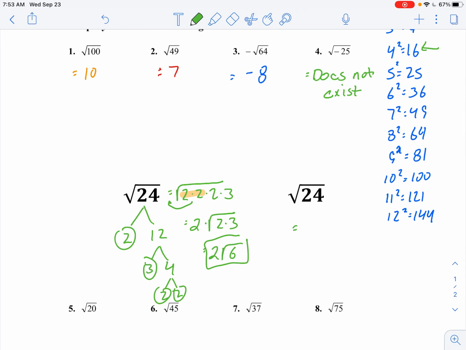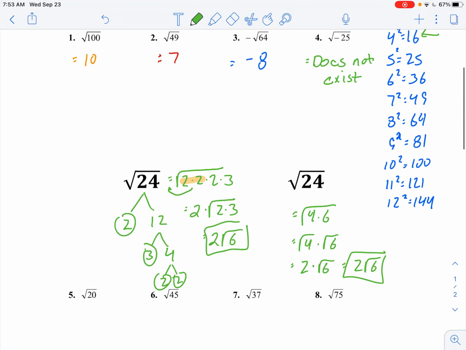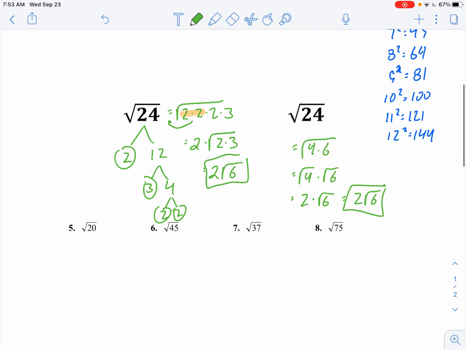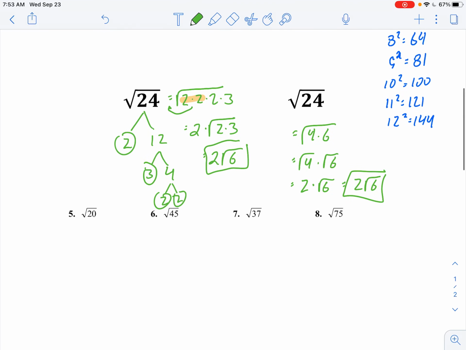So I prefer to rewrite 24 as 4 times 6. The reason this works is because I know the square root of 4 is 2. So this is 2 times the square root of 6, which I will write as 2 root 6. So I get the same answer 2 different ways. You can do it whichever you like.